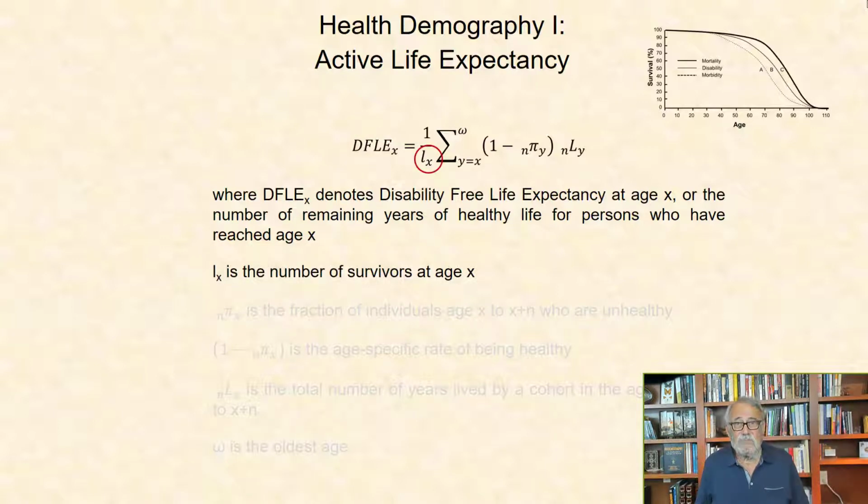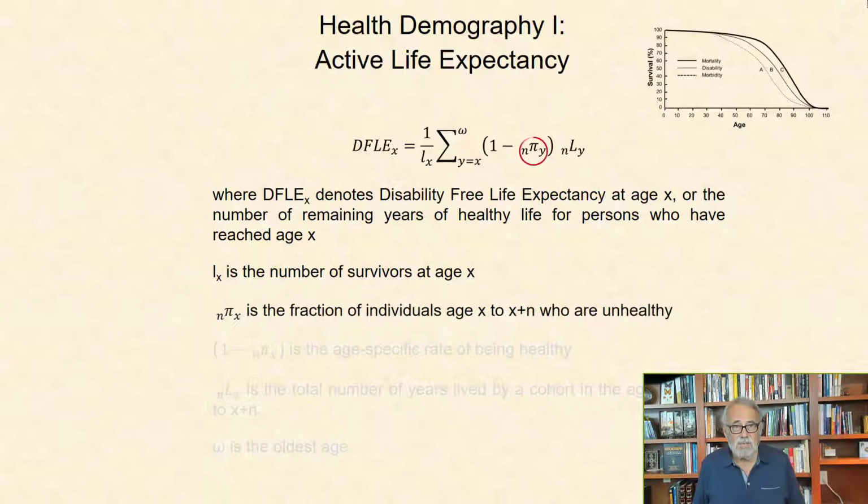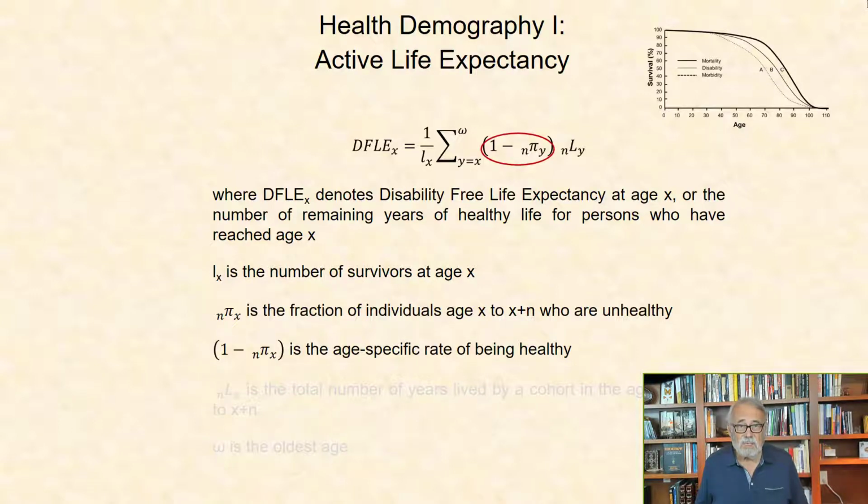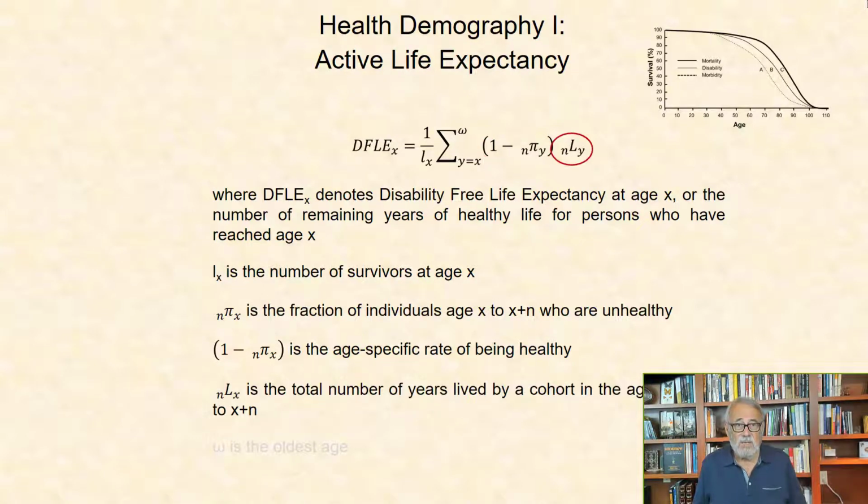L_x is the number of survivors at age x, nπ_x is the fraction of individuals age x to x plus n who are unhealthy. 1 minus nπ_x is the age-specific rate of being healthy. nL_x is the total number of years lived by a cohort in the age interval x to x plus n. Omega is the oldest age.